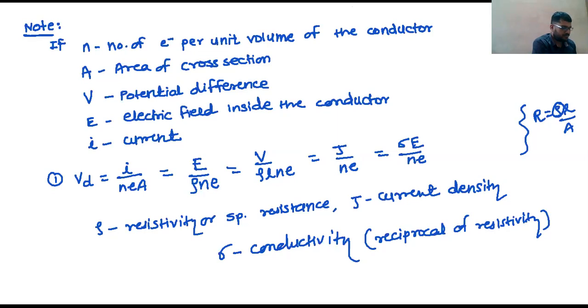Now next. See here, as we have learned these drift velocity formulas, you keep it in mind; whatever they give, according to that you have to use the formula. So let's move ahead now. First point, drift velocity is proportional to electric field. Remember.